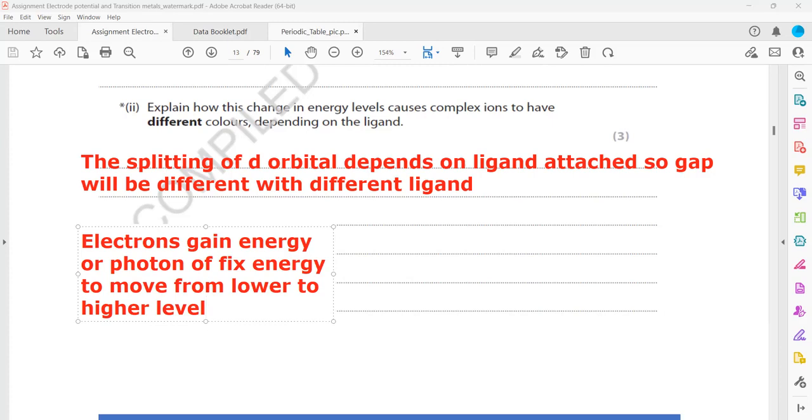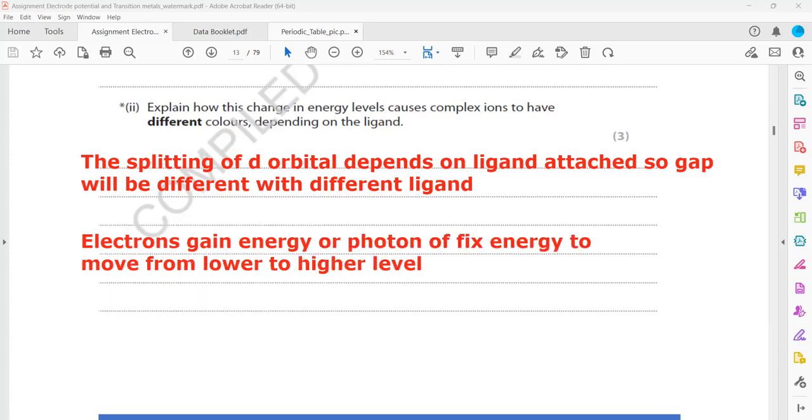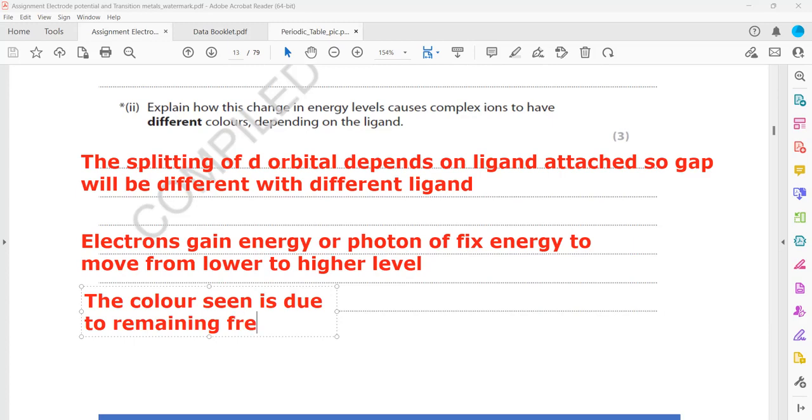Then the color we see is due to the remaining frequencies or wavelengths, which are not absorbed. That is responsible for the color.